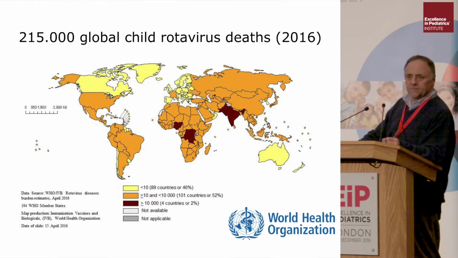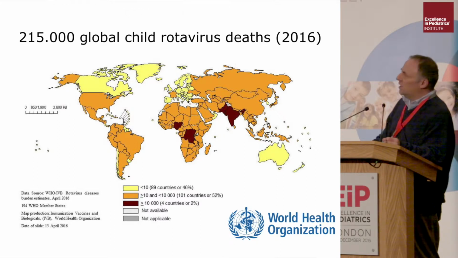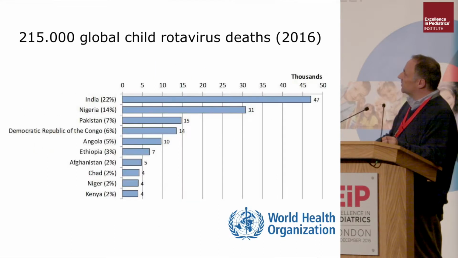It has gone down. In 2006, about 400 children died of rotavirus infections each year. That has gone down, not only because of vaccination, we'll talk about this in a minute, but also because better access to healthcare, better nutrition, cleaner water, and so on, has led to a decrease, with still some serious hotspots where too many children die because of rotavirus gastroenteritis.